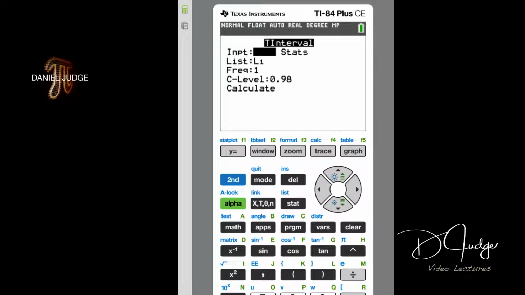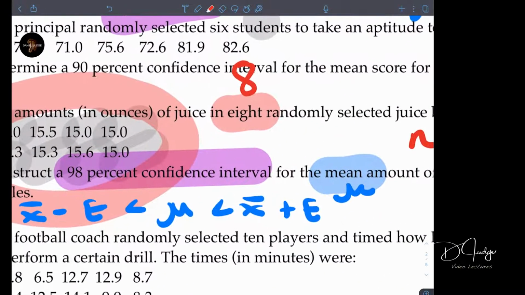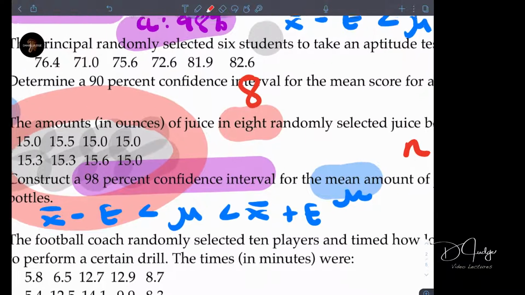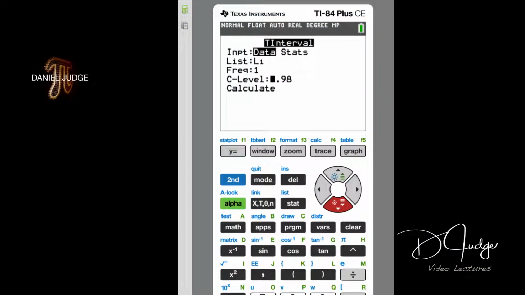The data is going to be from list 1, that's the name of the list. You keep this as frequency 1. I don't even know what that means. And this question is a 98% confidence level question. So we're kind of lucky in the TI because it already has 98%. All we got to do down here is go to calculate and enter.